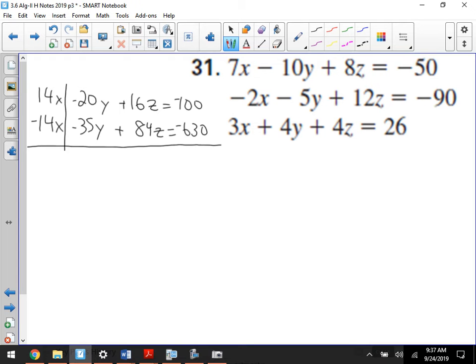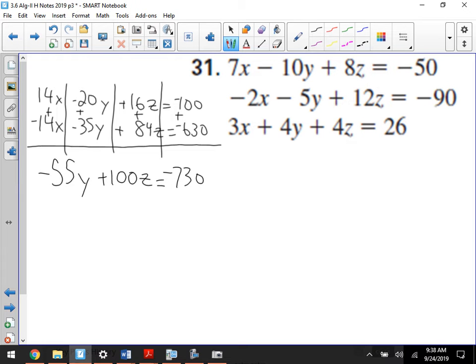Add those 3 pieces or 4 pieces together. Don't forget to put your addition symbols in there so you remember that's what you're doing between each one of them. Somebody will forget. I have negative 55y. 16 and 84 is 100 z. And lastly, that's negative 730. Here's my first two variable part.